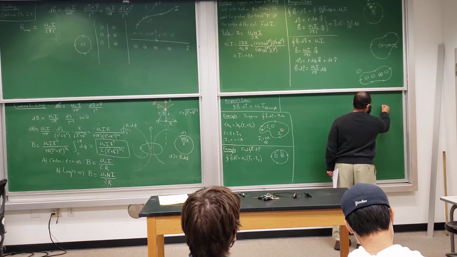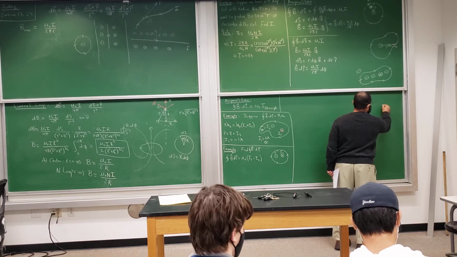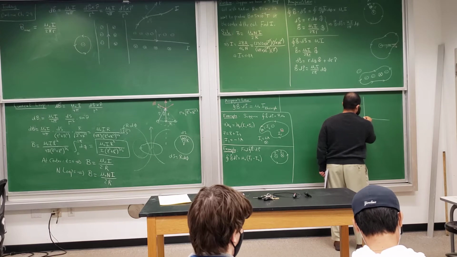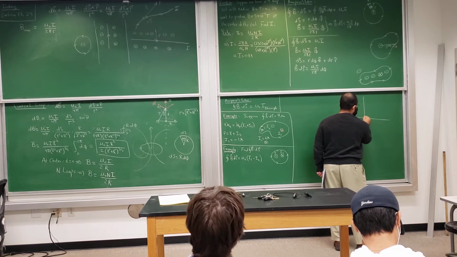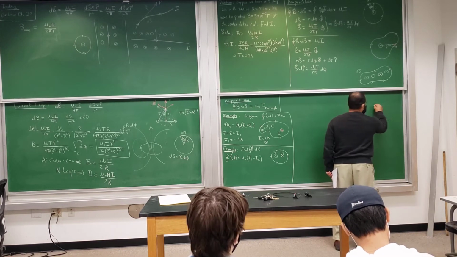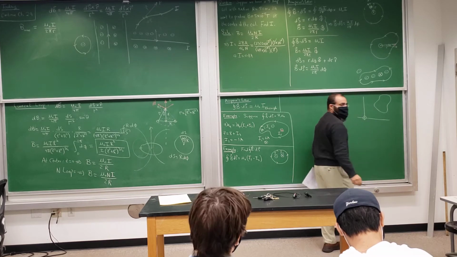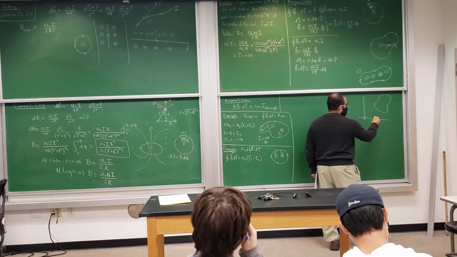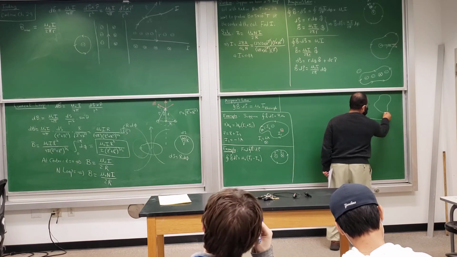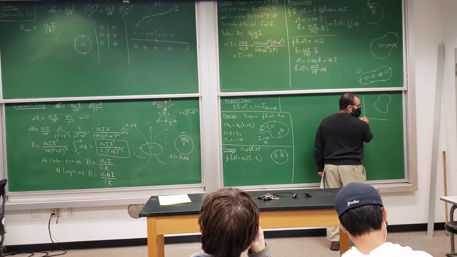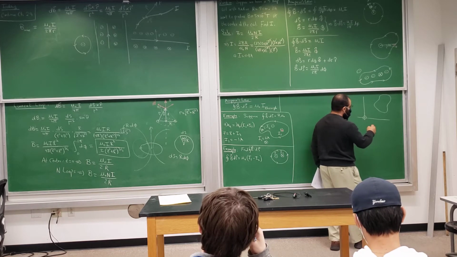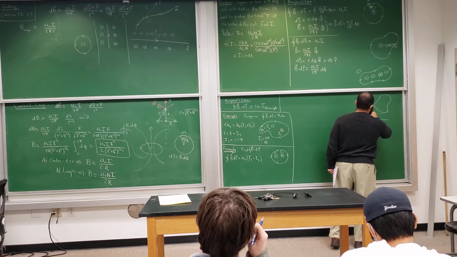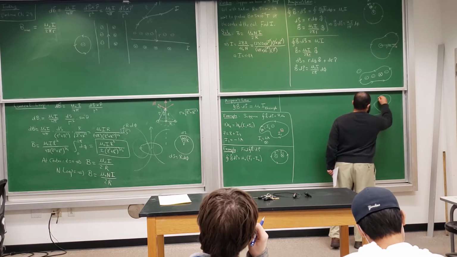So let's say your current is here, all right? So my current is here, and my loop is here. And I want to do B dot ds. If you do B dot ds, as you integrate, there will be a magnetic field due to this current, right? But as you integrate, the angle is trapped between this and this.